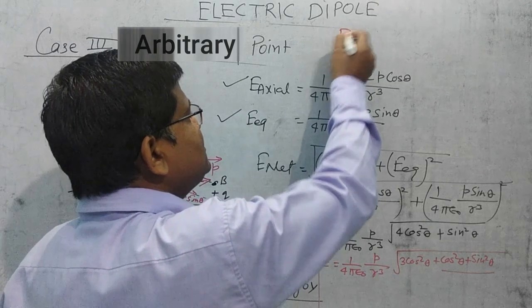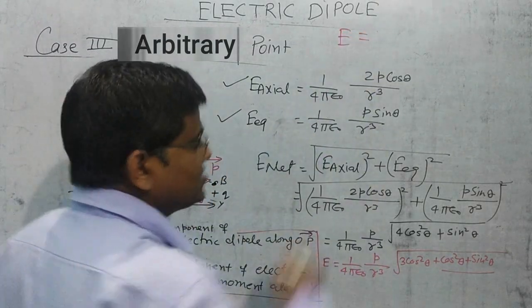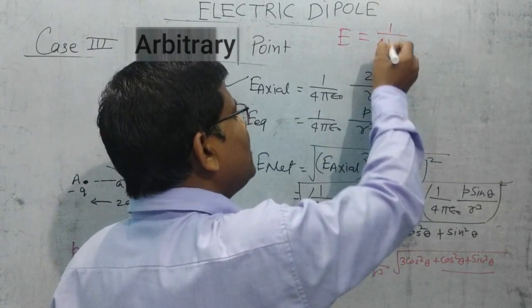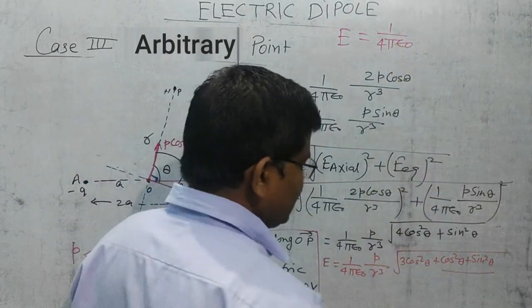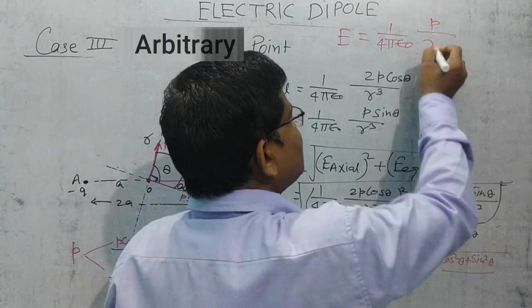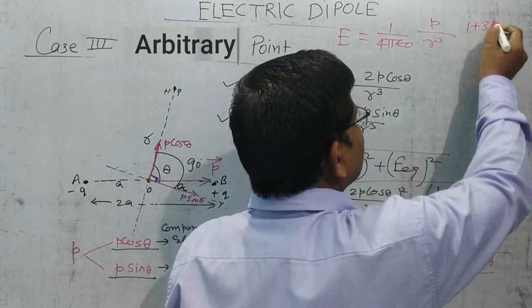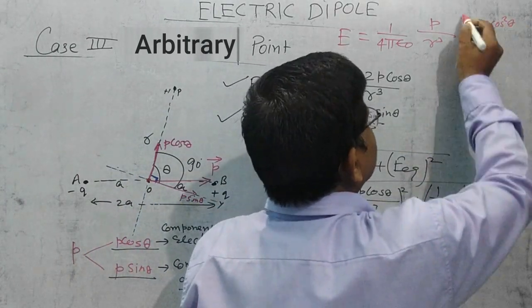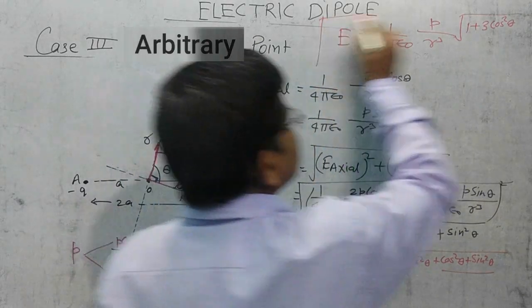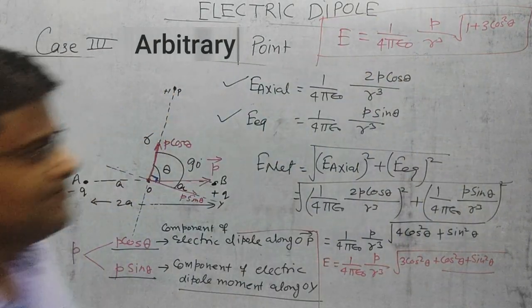Then the easy format of this equation is 1 upon 4 pi epsilon naught, p by r cube, and root of 1 plus 3 cos square theta. This is the final answer.